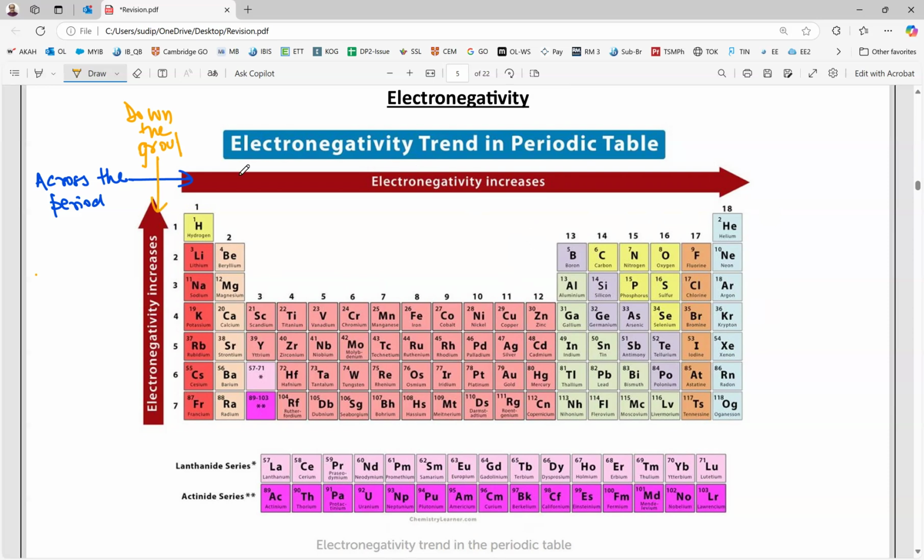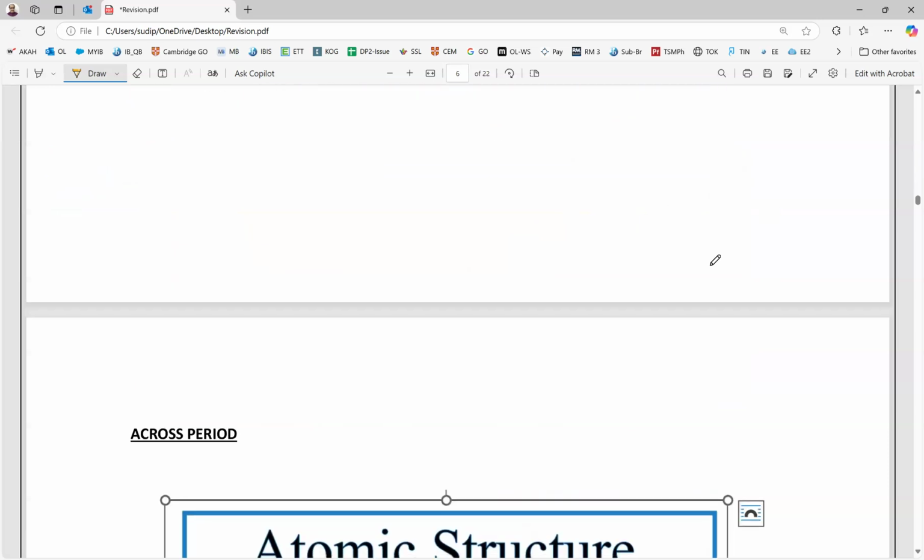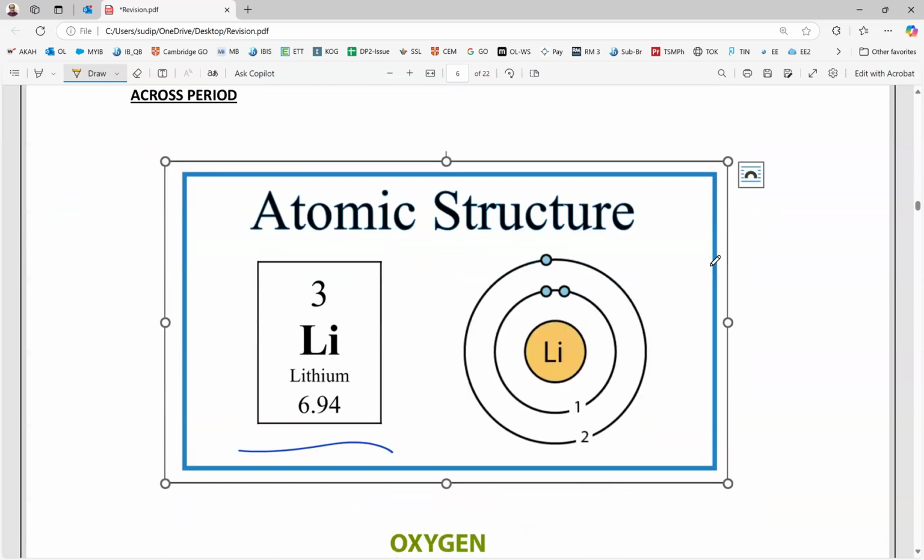Now, keep in mind that across the period, the electronegativity increases, right from lithium to fluorine. So we are going to again use lithium and oxygen to understand this example. So this time we are going to understand electronegativity from the point of view of who needs more electrons or who needs fewer electrons.